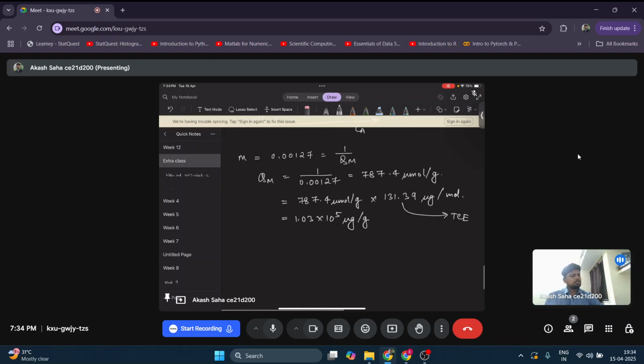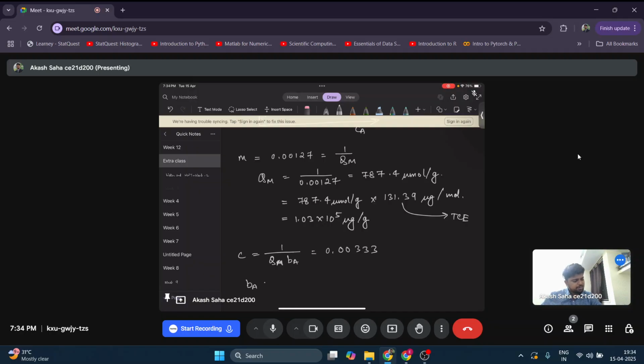And then we know c is nothing but 1 by Ba Qm, and we know the value of Qm.